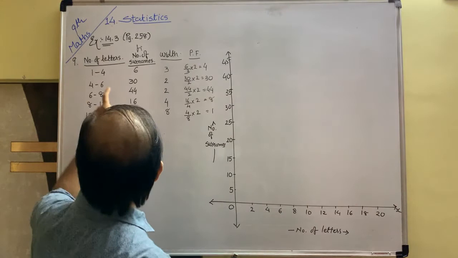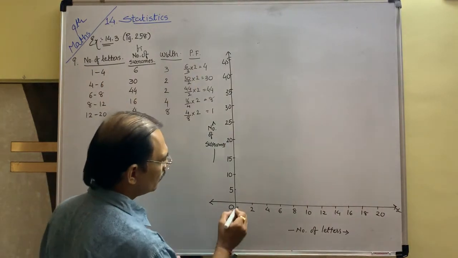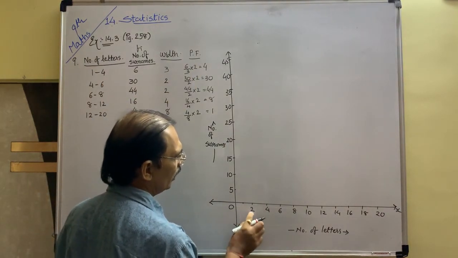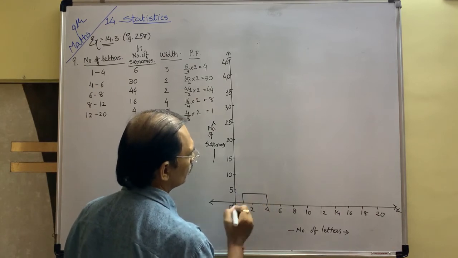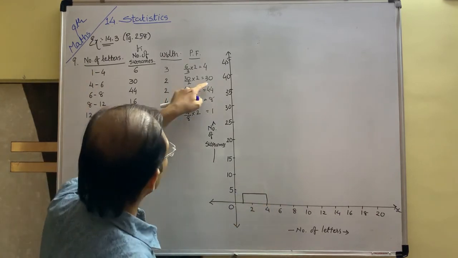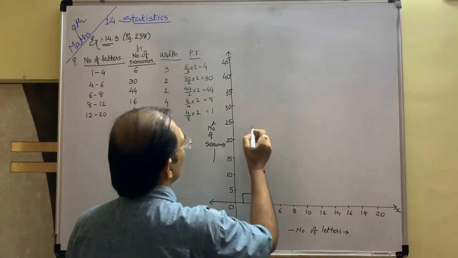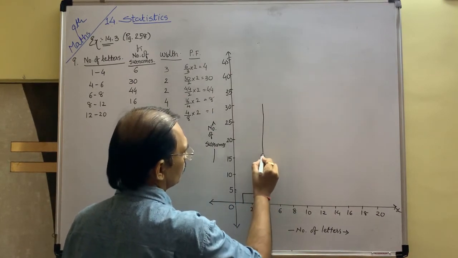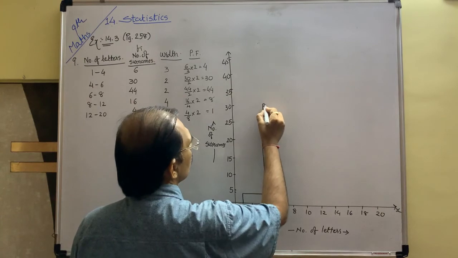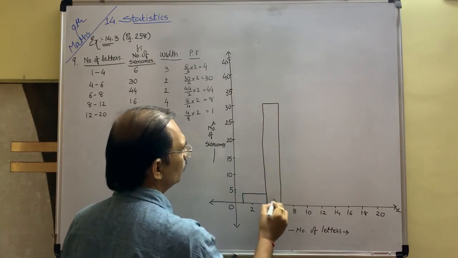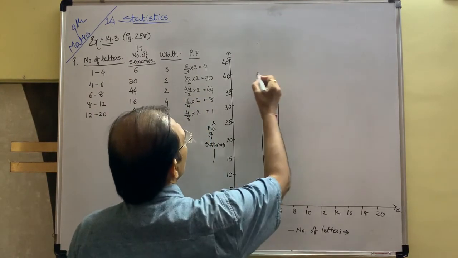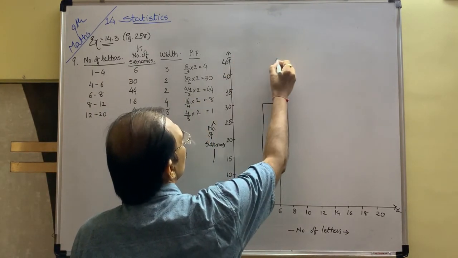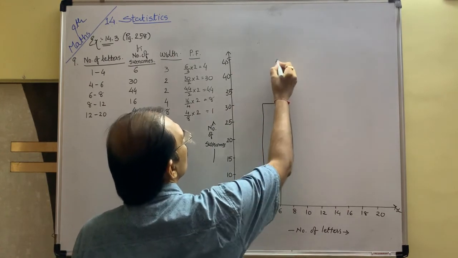Okay? Now place 1 to 2, 4. 1 is exactly in between 0 and 2. 1 to 2, 4. 4 is exactly below the line of 5. Then 4 to 6, 30. 4 to 6, this 30 that we already have. 6 to 8, 44 means exactly one line below the 45. That is 44.